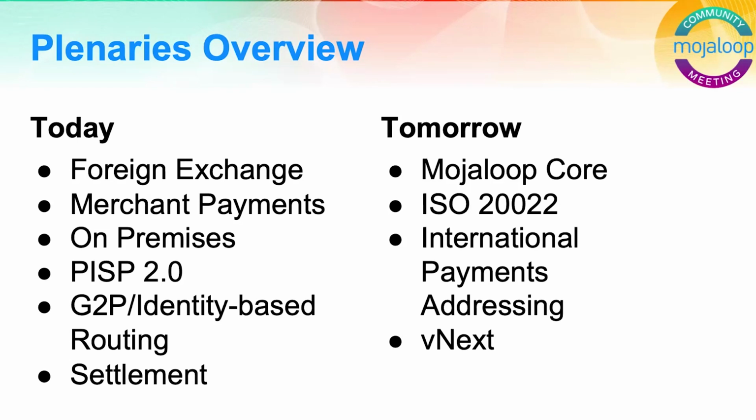Future Mojaloop releases will likely be based on the vNext code base, but it will be working in parallel with the vNow code base, and they are drop-in replacements. So there may be advantages in operating one or the other, but to an operator, there will only ever be one Mojaloop.